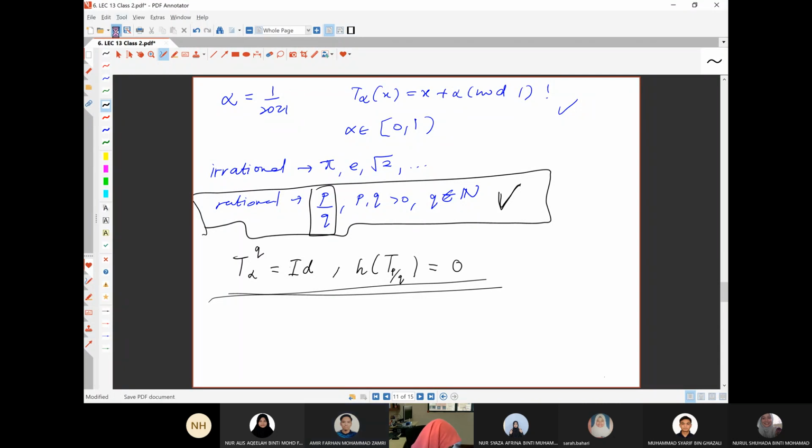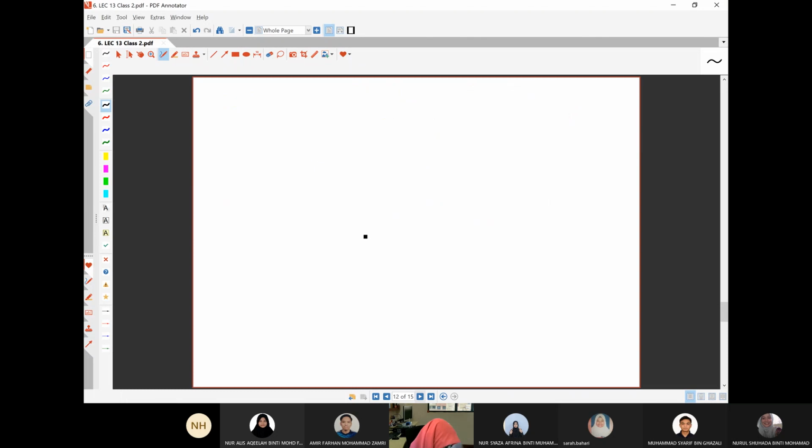Let's try to check. From the general conclusion, it is stated that after Q times we will get identity, no matter whether P is 1, 2 or 3. So let's say alpha is 2/3. T of x is x plus 2/3 mod 1.